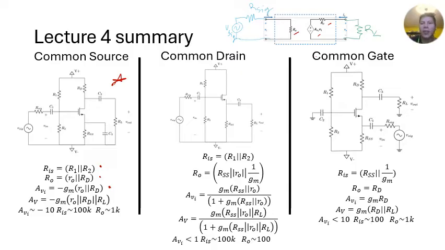Additionally, we derived the total gain across, including the RL. We also did this for the common drain and the common gate. So at this point, you should be able to derive all of these if you're given a circuit. You will most likely be asked to do that in an exam.